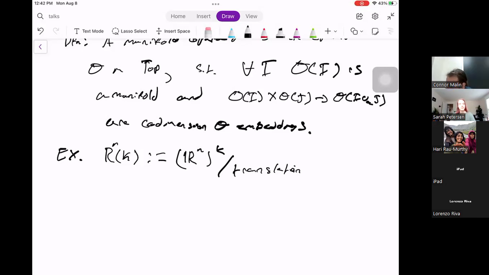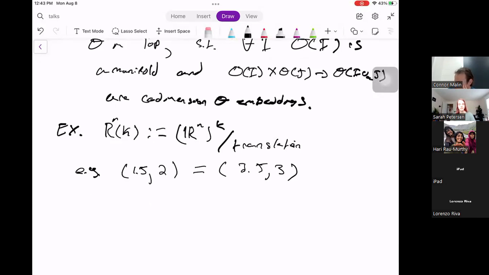Yeah, so if I was just giving you some numbers, 1, 5 is going to be equal to 2, 5.3. Oh, okay. Yeah, thanks for the question. So it's just by adding a constant vector to everything.